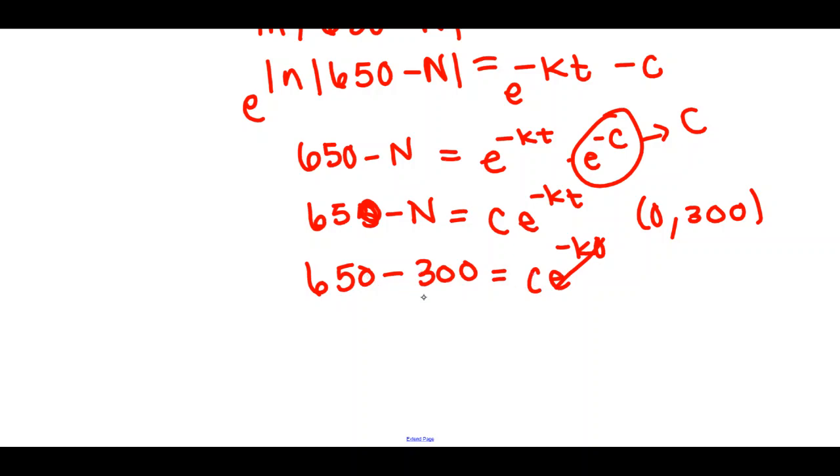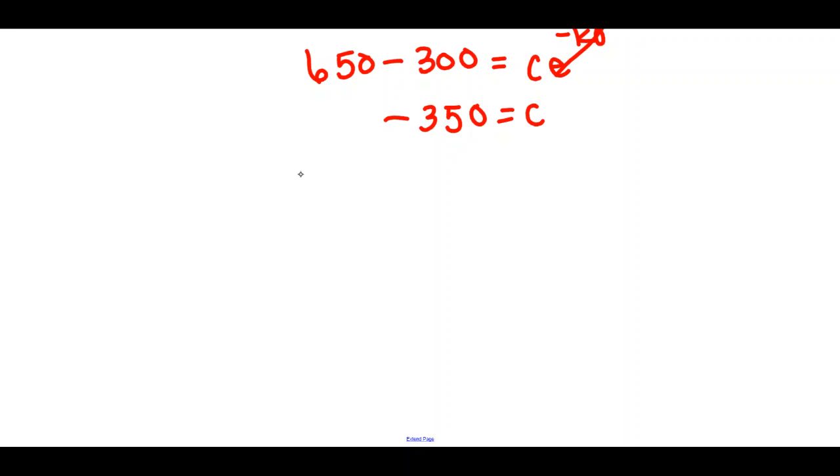So c is just the subtraction of these two, which is negative 350. So our equation is N equals 650, moving the 650 over, minus 350 e to the negative kt.